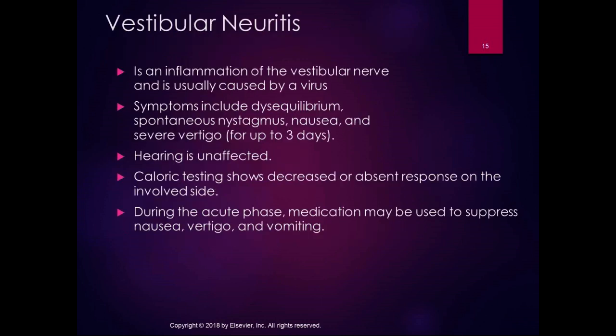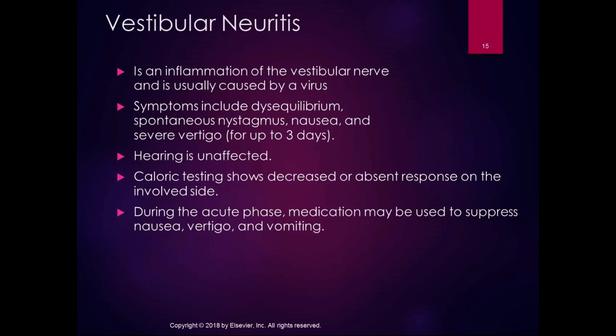Vestibular neuritis is an inflammation of the vestibular nerve, usually caused by a virus. So since it's a virus, it usually resolves on its own as well. And the symptoms include disequilibrium, spontaneous nystagmus, nausea, and severe vertigo for up to 3 days. Usually hearing is unaffected. Testing shows decreased or absent response on the involved side.